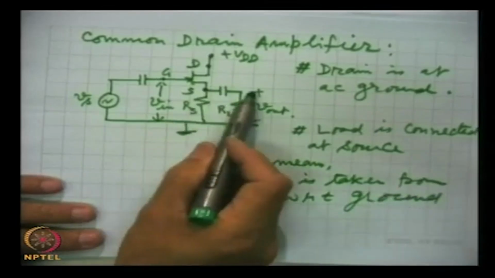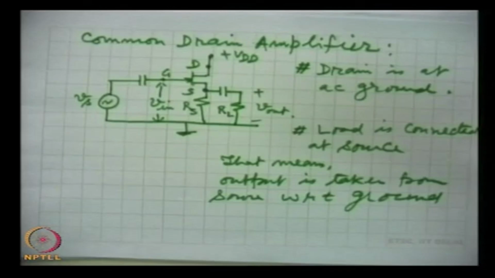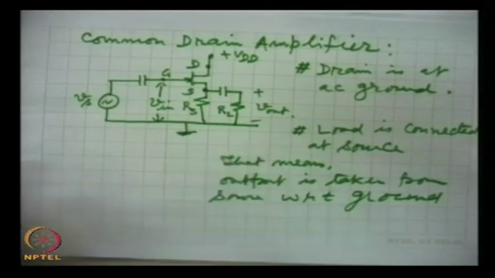Here, source with respect to ground. This is the only amplifier in which the load is connected at the source and output is drawn. Now, we will draw the equivalent of this.